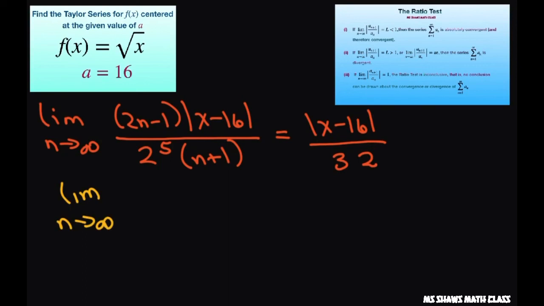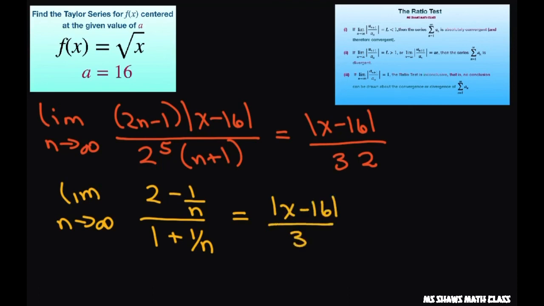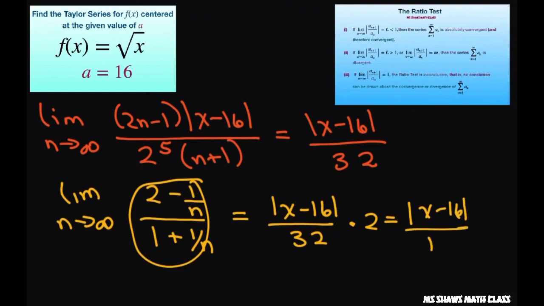And this is going to be 2 minus 1 divided by n, divided by 1 plus 1 divided by n, which is going to equal the absolute value of x minus 16 divided by 32. And then the limit of this is just 1. So that's going to be times 2. So this is going to equal the absolute value of x minus 16 divided by 16.